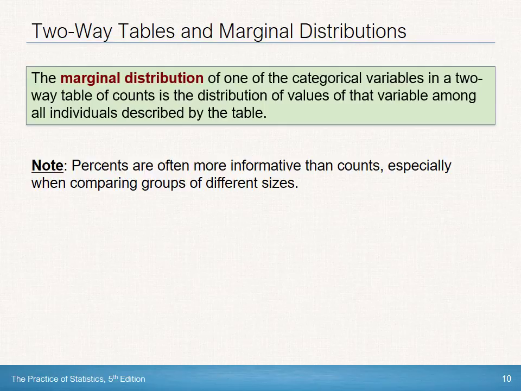If we just look at the count, 20 and 20, they look the same, but they're different sizes. So 20 out of 100 is much different than 20 out of 50. So it's better to compare the percentages rather than the counts. That's what they're talking about here in this note.